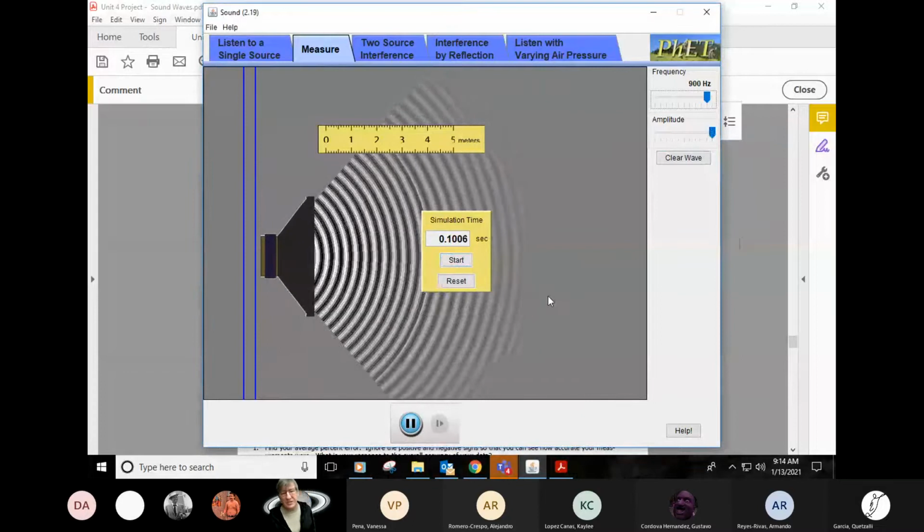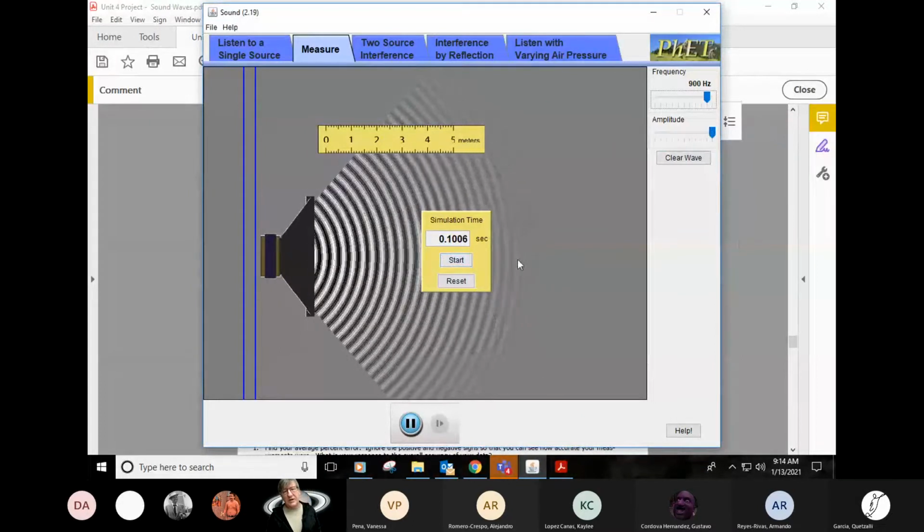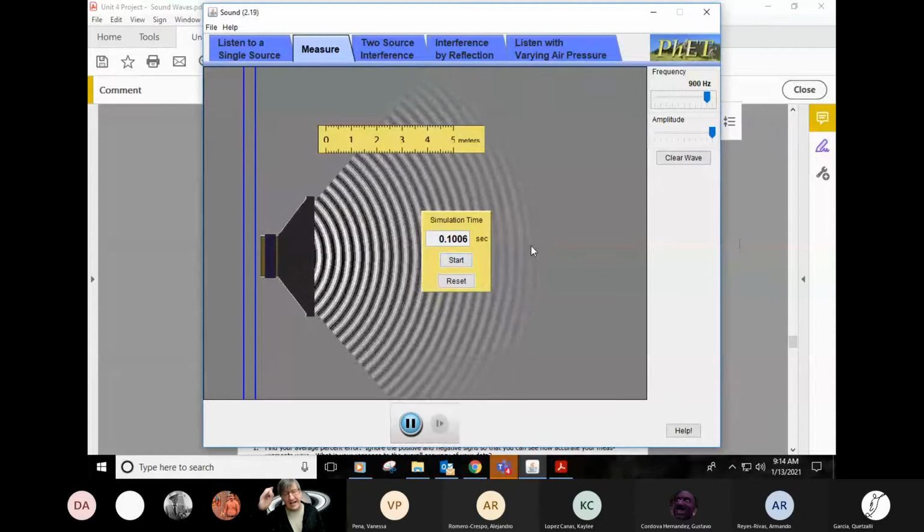So basically what happens inside your ears is that when these sound waves hit your eardrum, it causes your eardrum to also vibrate. And those vibrations actually start a fluid vibrating in your inner ear.